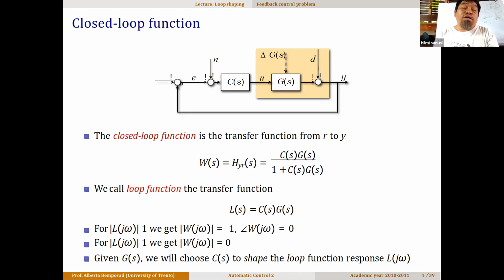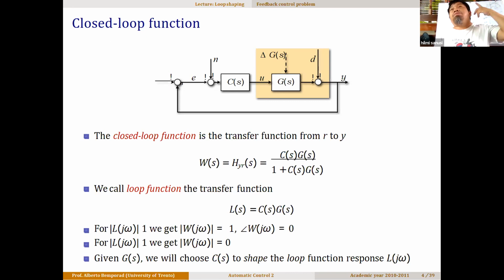So for every bounded loop function, we will get the magnitude to be 0. For this, if we have a system G of S, then we will choose the controller or the compensator to shape the loop function so that this will give us the bounded criteria that we set. And that's why this is called loop shaping.